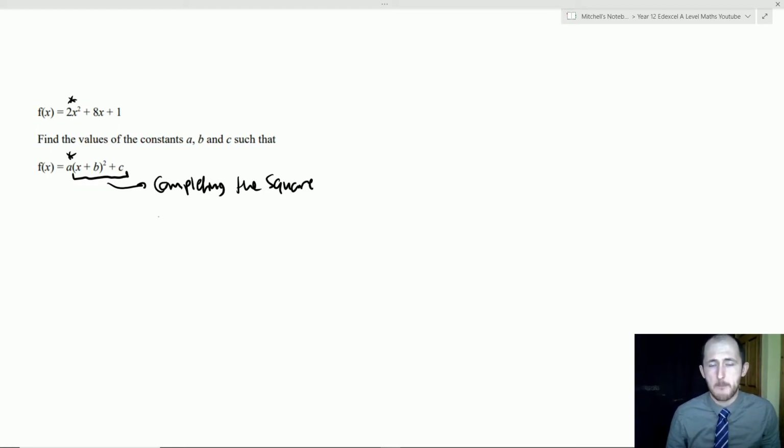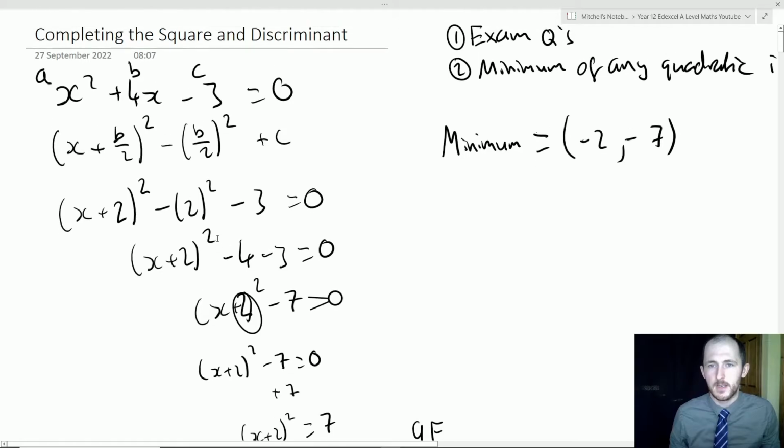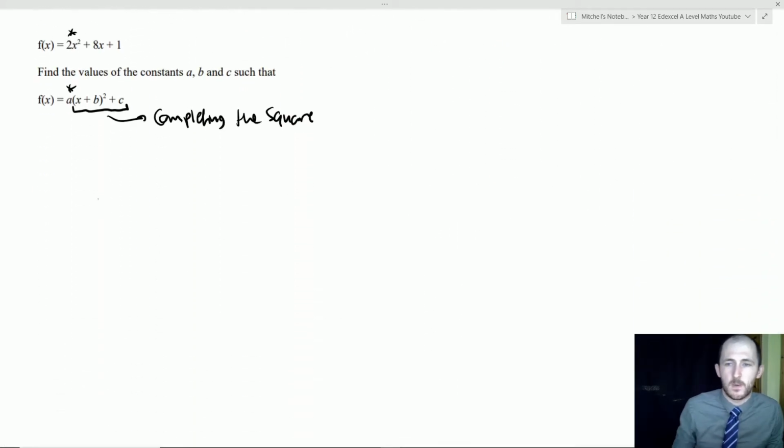Okay? Because when you have a number in front of x squared, you're going to have a number outside the bracket. So if you remember, if we go all the way back up, there was no number in front of x squared. When we do completing the square, there has to be no number in front of x squared, or you can say the coefficient of x squared has to equal 1.